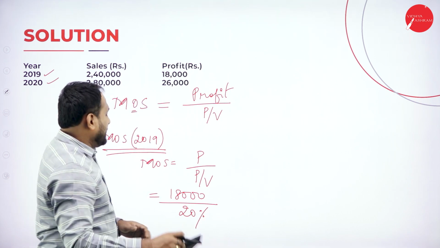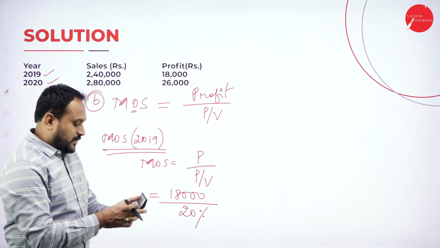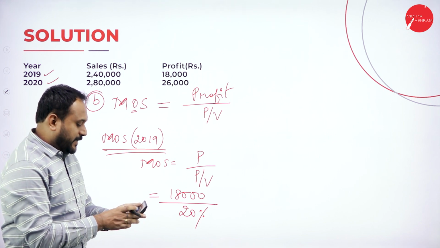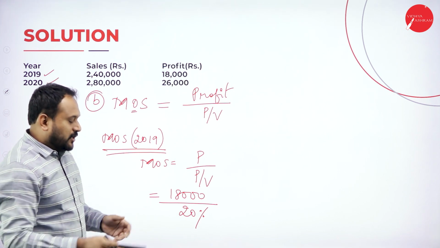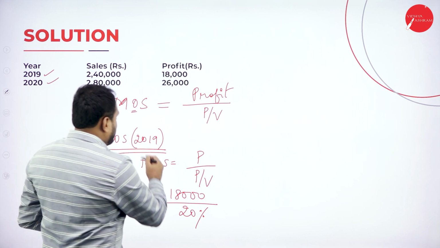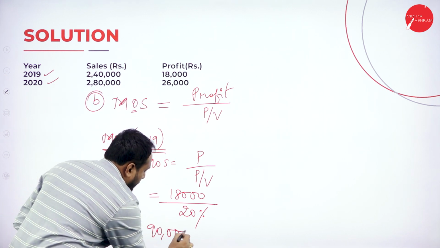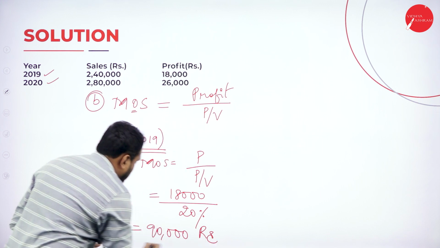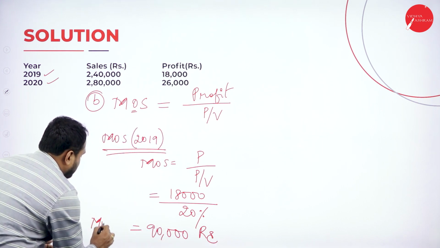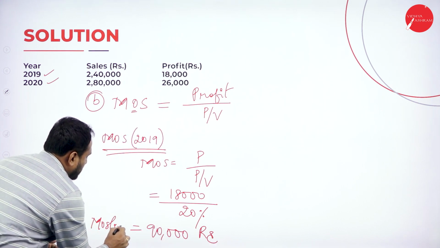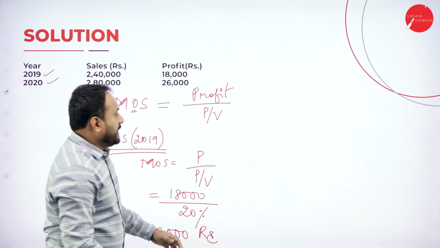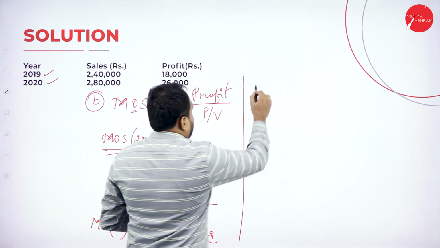You do this now. 18,000 divided by 20%, you got 90,000. So MOS of 2019 is 90,000 rupees.